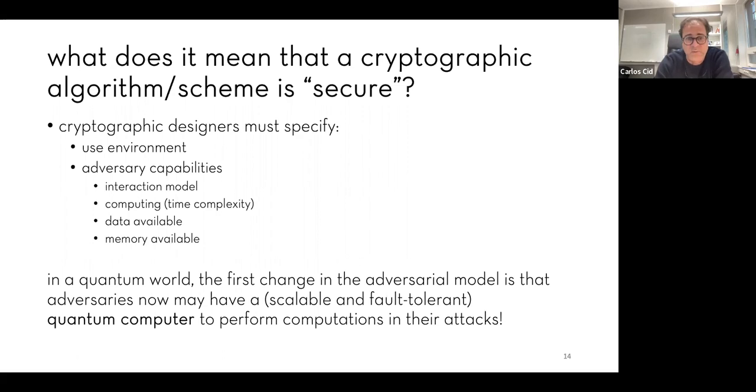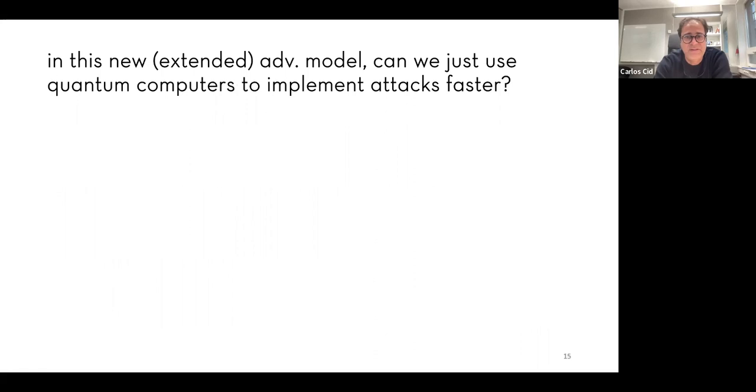In the quantum world, the first change is that we allow the adversary to have a quantum computer, a scalable and fault-tolerant quantum computer, to perform computations in the attack. Essentially, we give the adversaries now a quantum computer. Of course, the first question is, can we then just run the attacks much faster?